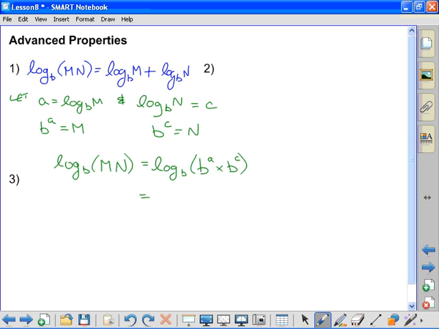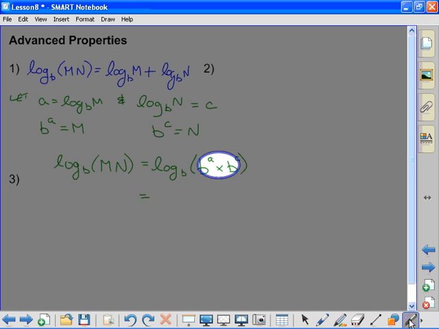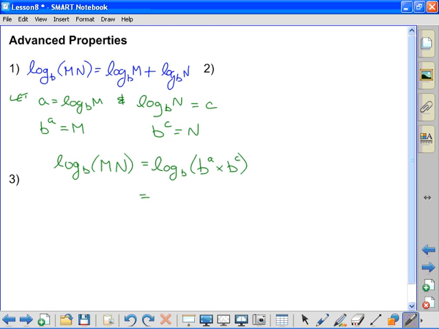Inside the brackets, this is our exponent laws: we add the exponents together. So log base b of b to the exponent a plus c.